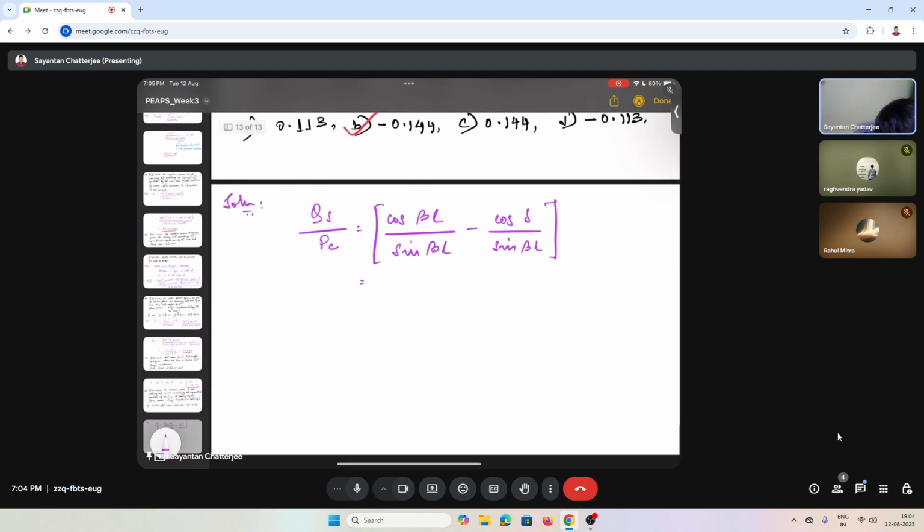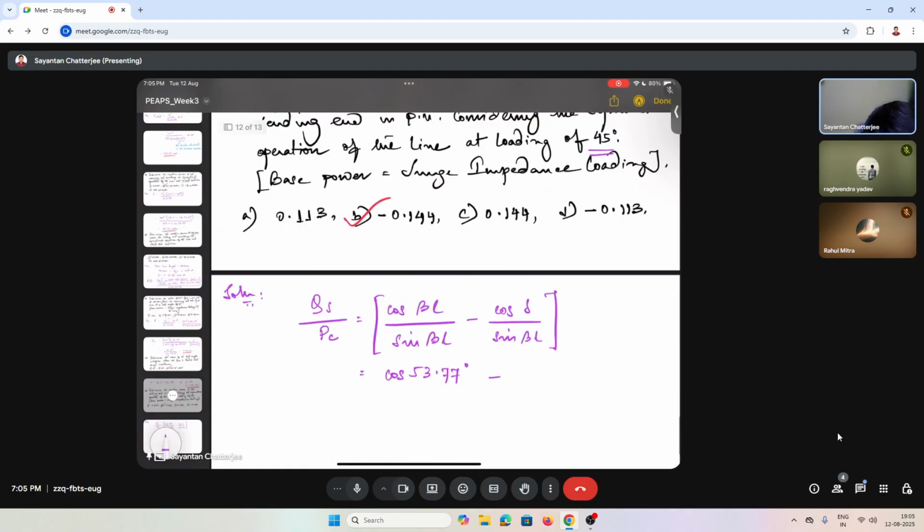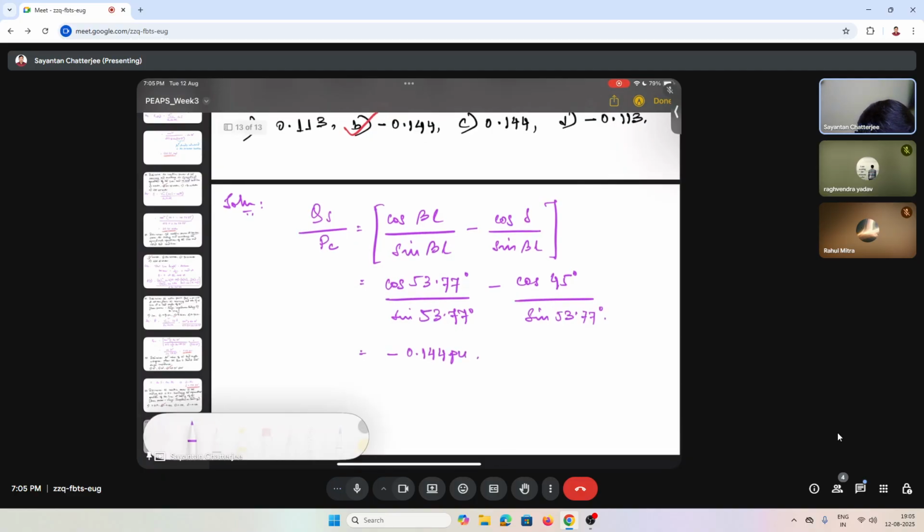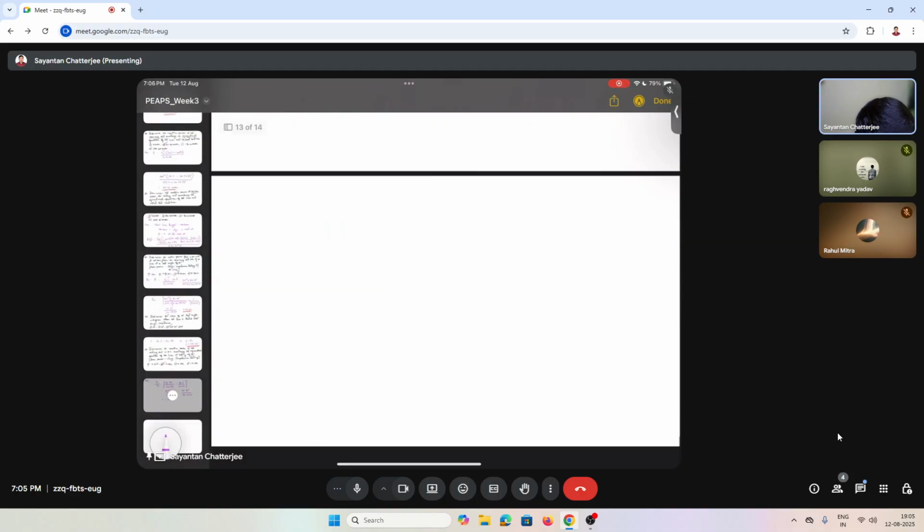Since it is required in per unit, now cos beta L is cos 63.77, and cos delta is cos 45, and sin beta L is, so this is the value.